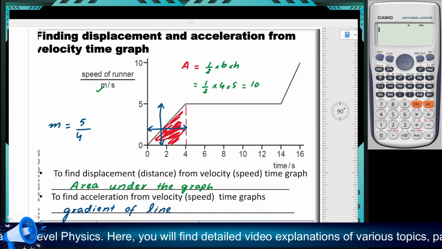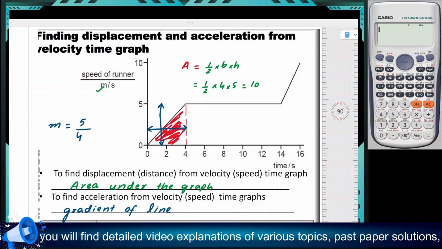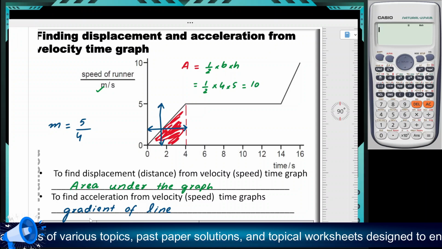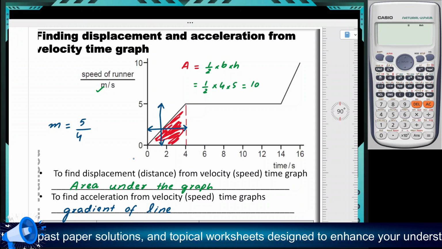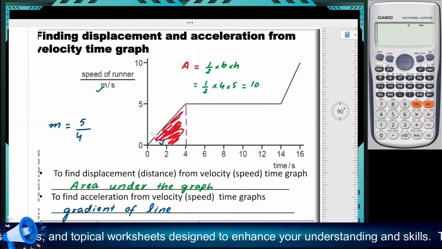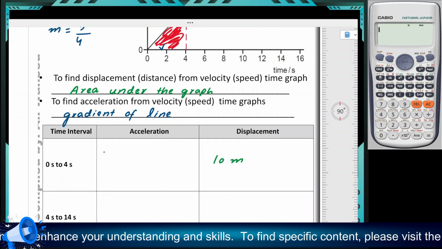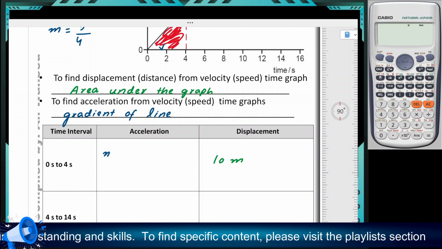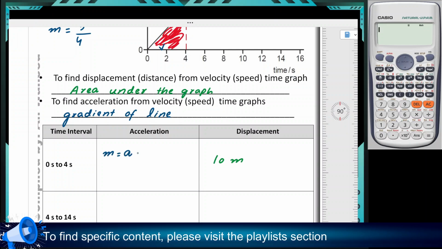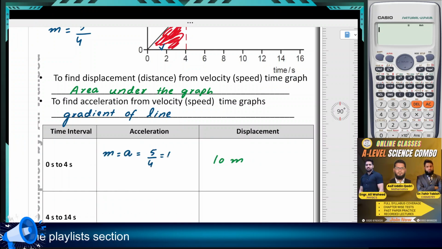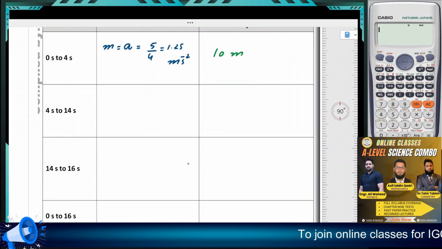So simply 5 divided by 4, which would be 1.25. The gradient of this gives you the acceleration. Gradient equals acceleration, which equals 5 over 4, which is 1.25 with the unit of ms^-2.